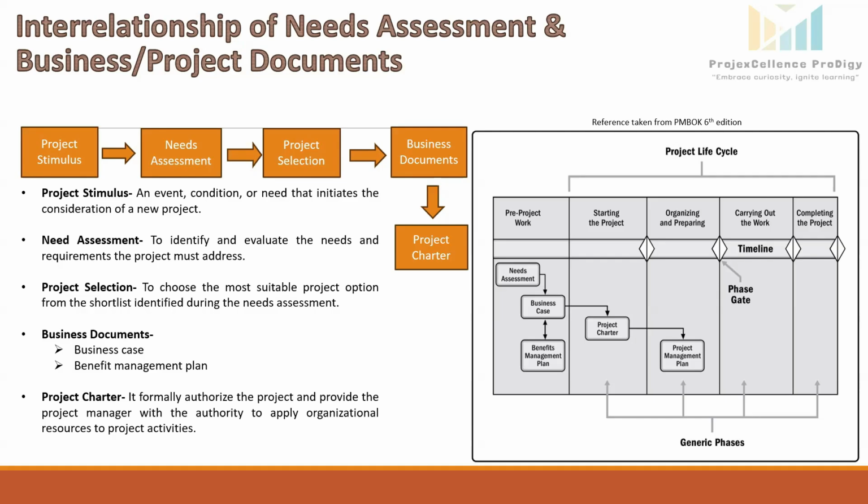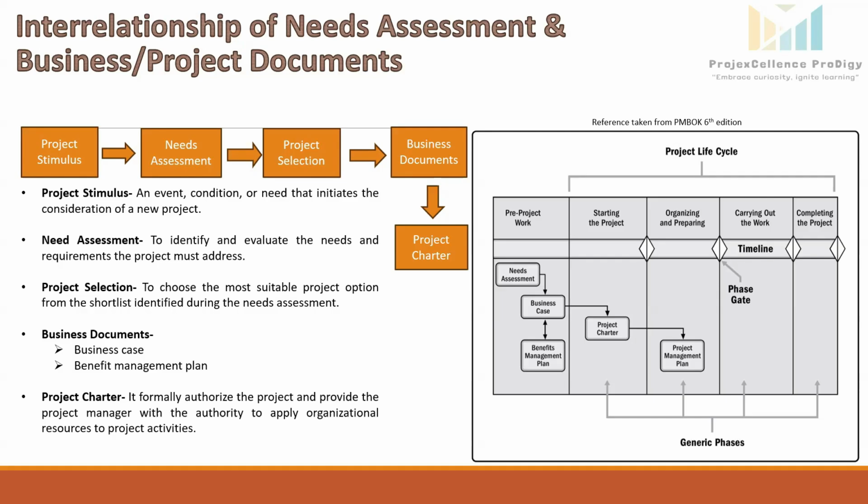Let's suppose the team has decided to proceed with the 20 megawatt solar power plant based on their comprehensive analysis and strategic fit. So then the team will move to the next step. The next step is creating the business documents: the business case and benefit management plan.